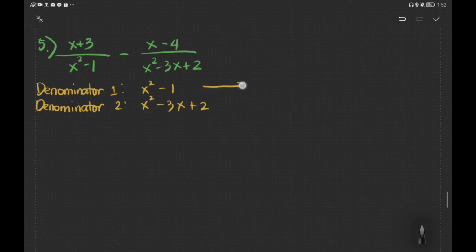Now, let's factor this. The factors of x squared are x times x. The sign between them is negative, so the factors are positive and negative. Now, the factors of 1 are nothing else but 1 times 1. Now, since denominator 1 is factored, let's factor denominator 2.